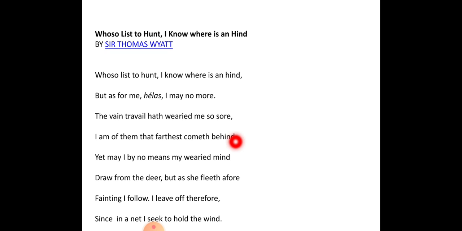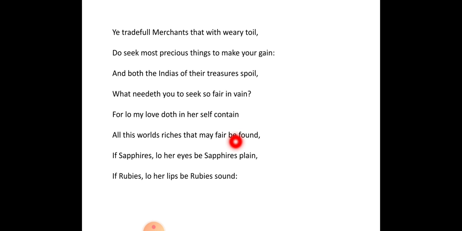The following is an example of the Spencerian, and the reason why I started with the Spencerian before the Shakespearean is that I wanted to give you this example, which is Ye Dreadful Merchants, because it seems to me that Shakespeare was affected by this poem and he tried to turn it upside down.